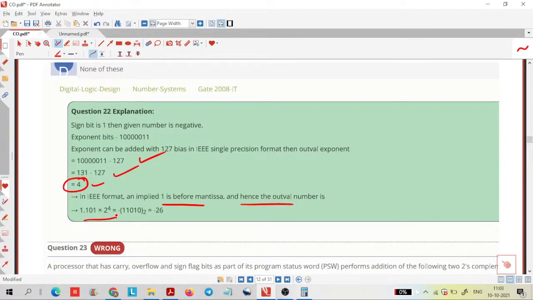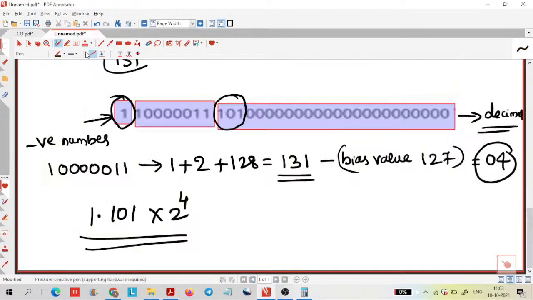And now you can convert that exponent part, like you just shift 101, 3 digits, 4 digits. Okay, now this is in a binary form.